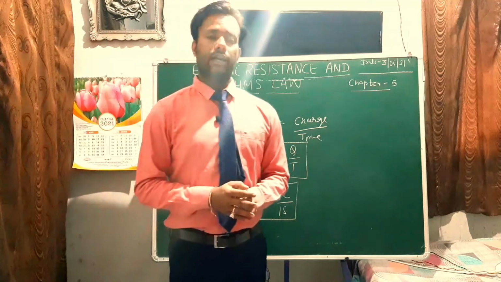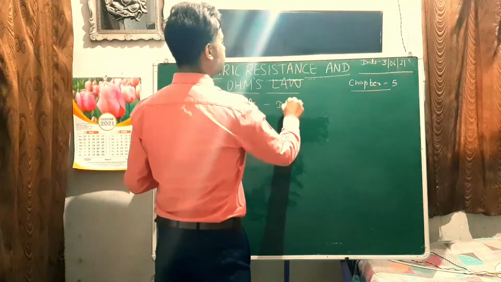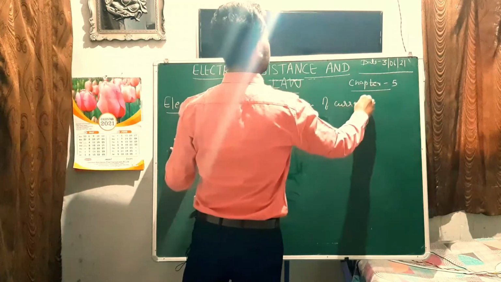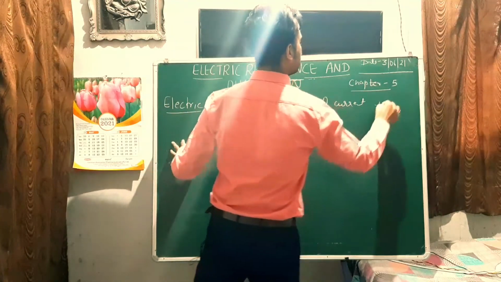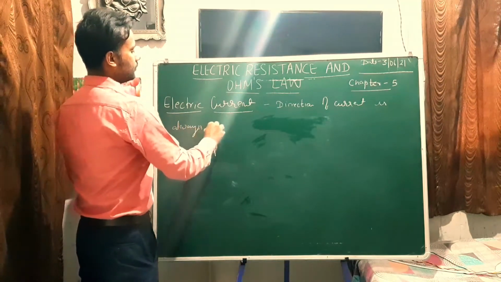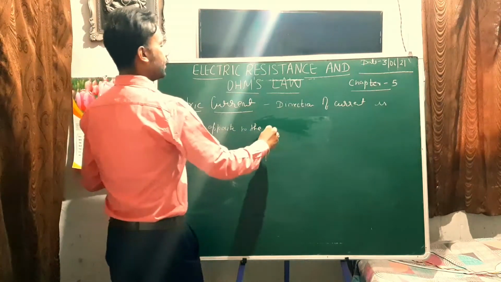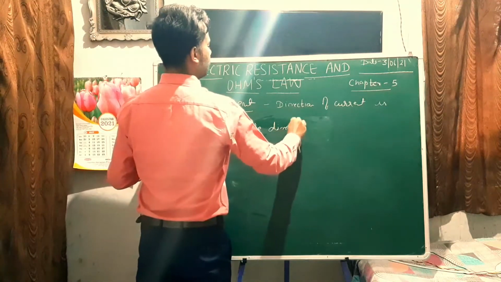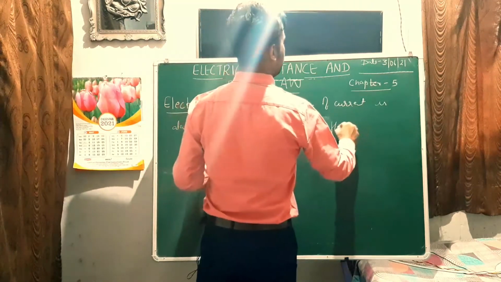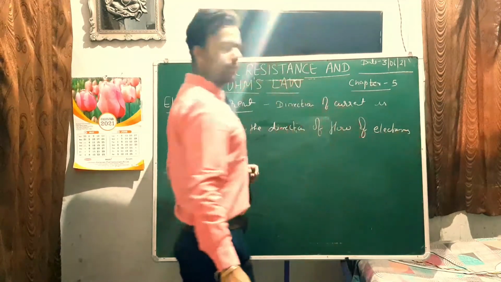What is the direction of flow of current? Let's see. So the direction of current is always opposite to the direction of flow of electrons.